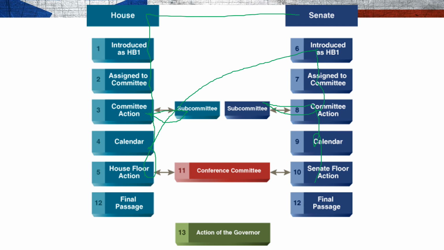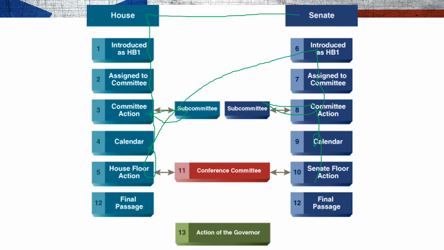If there's a tie, then the Lieutenant Governor can break that tie. The bill's sponsor may come over from the House and read it to the Senate chamber. The Senate can debate, and you saw that there's an unlimited time for debate. They may add some things to the bill.